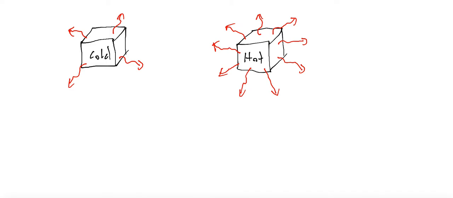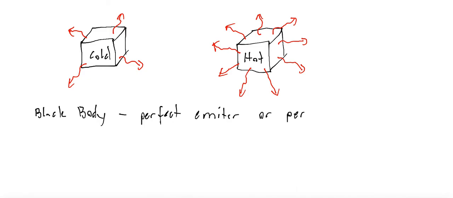Okay. So what is a black body? If I give you a relation between temperature of the object and amount of radiation emitted by the object, we have to explain the term black body. A black body is a perfect emitter or perfect absorber. So write, point number one, a black body is a perfect emitter or perfect absorber. What does it mean?